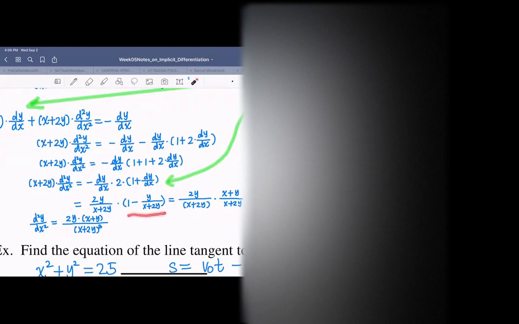Yeah. This is x plus 2y over x plus 2y, which is 1, minus y over x plus 2y. So this is x plus 2y minus y, which is x plus y. That makes sense? Yeah. Okay.